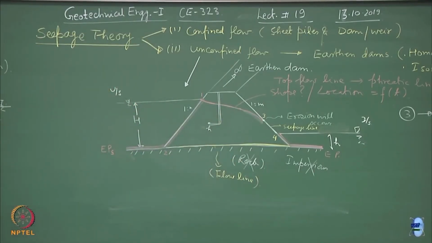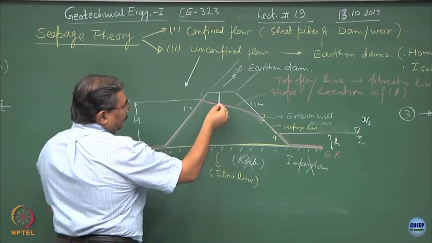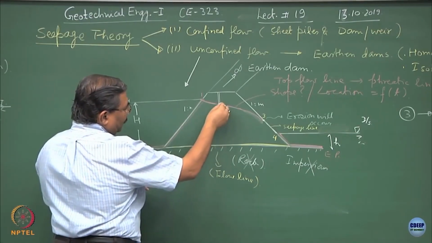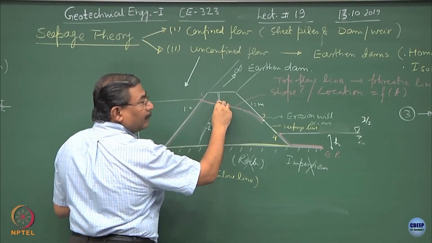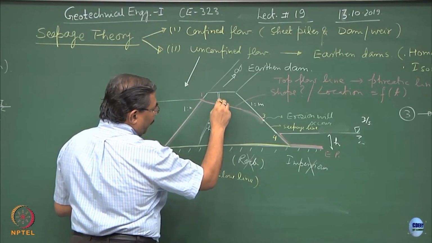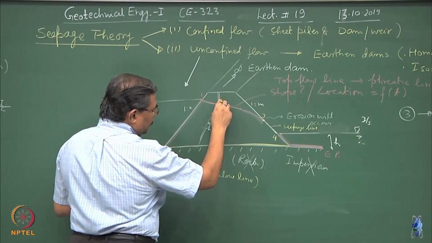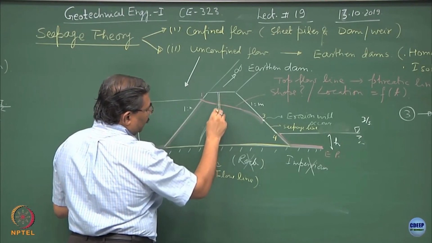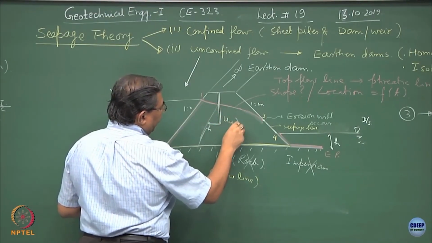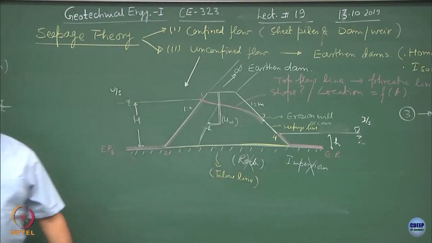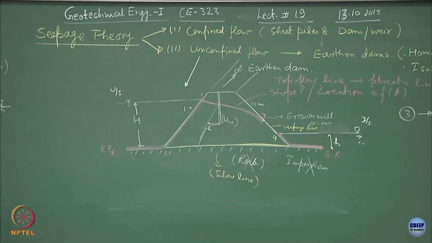When we will draw the flow net, we will discuss this in details, alright. That means, if I draw an equipotential line passing through the point, and this is the top flow line where the phreatic line is, the distance between the point of intersection of these two and this element is going to be the pore water pressure at this point. I will explain it again later, alright.